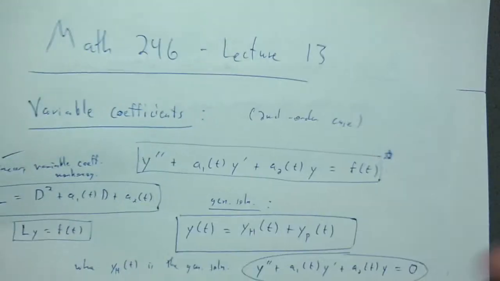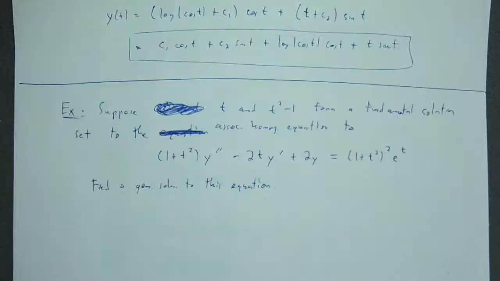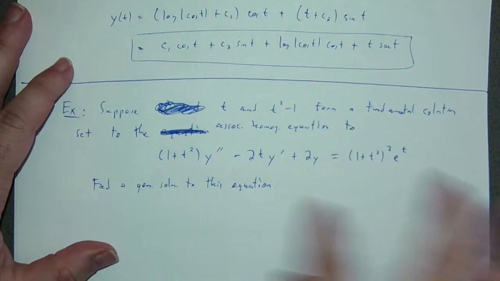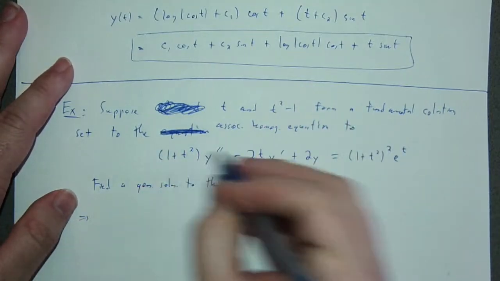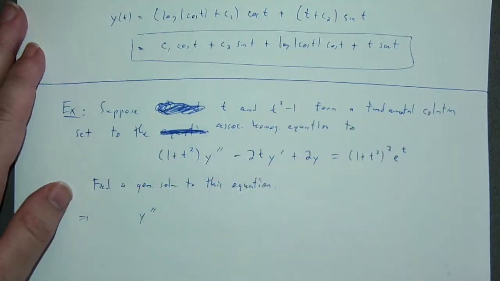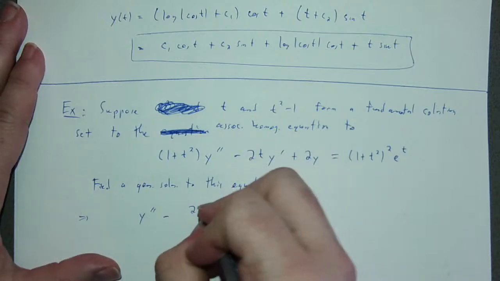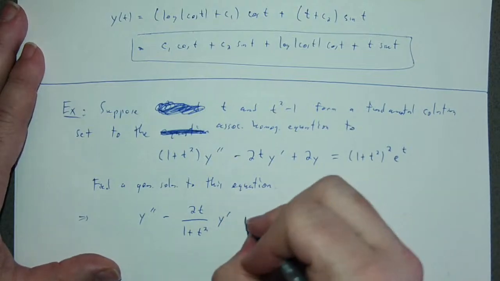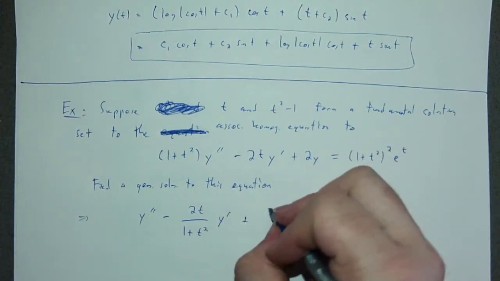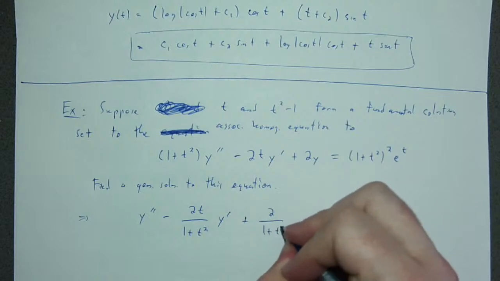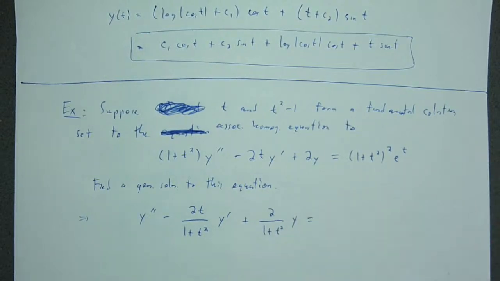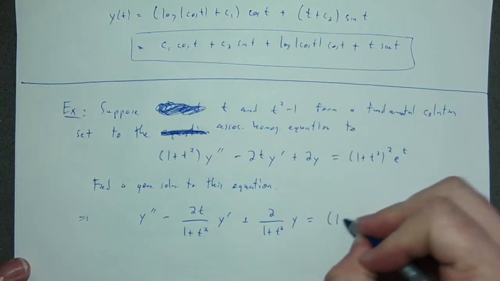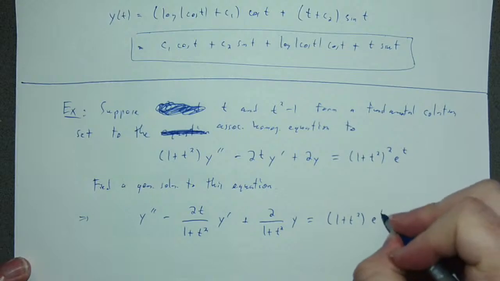But this is not in that form, so I need to put it in that form. Let's divide through by 1 plus t squared. The equation becomes y double prime minus 2t over 1 plus t squared times y prime plus 2 over 1 plus t squared times y is equal to 1 plus t squared e to the t, since I have 1 plus t squared squared on the right.